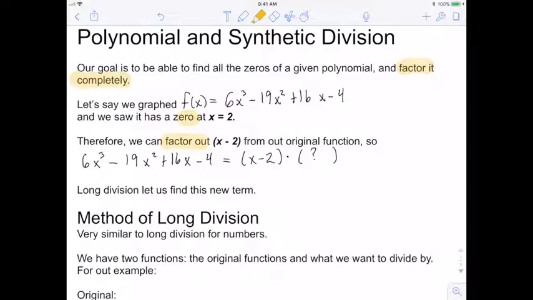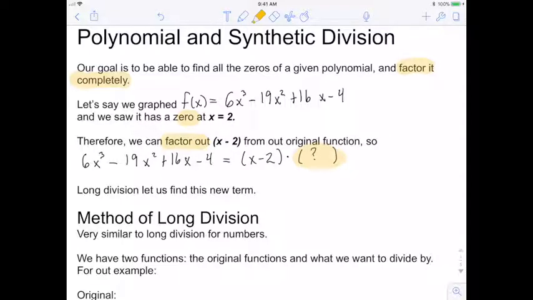So what this should look like is 6x cubed minus 19x squared plus 16x minus 4 equals x minus 2 times something mysterious. And what polynomial division gives us is the ability to find what this mysterious new term is, and it'll be something simpler, so we can start going down and down to simpler functions until we can factor it.